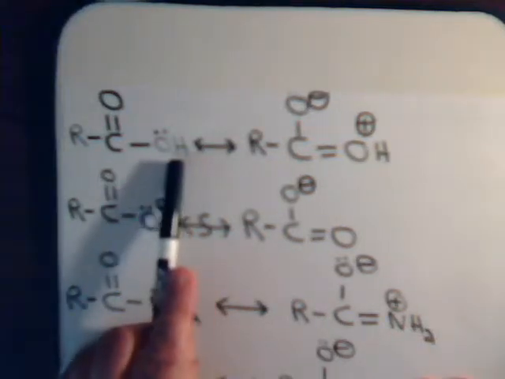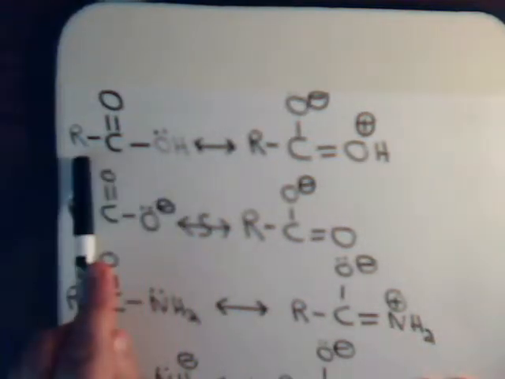Let's just take a few moments and review what we had discussed in the past three videos, videos 8, 9, and 10. In video 8, we had discussed carboxylic acids, and here we have just a generic carboxylic acid.